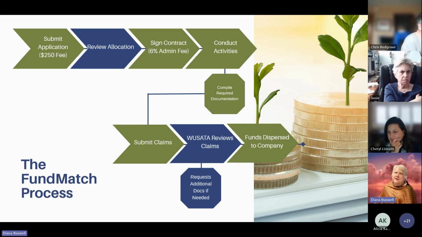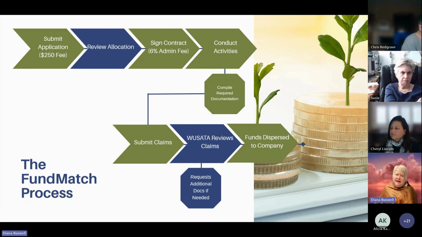Well, I'm not sure if I understand exactly what your question is, but I'll take a stab at it. As far as the exception to being outside the USA Pavilion, that would have to be something like we discussed. You'd have to reach out to the fund match manager and inform them what the issue was.